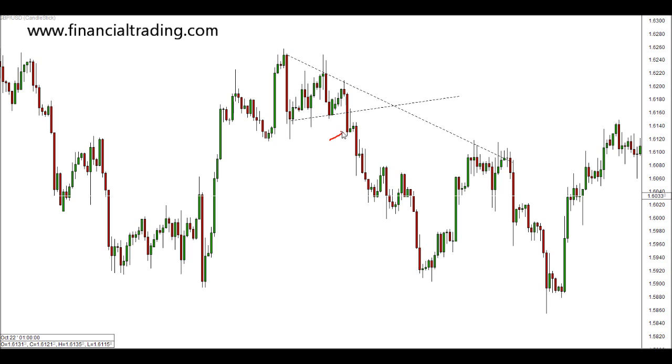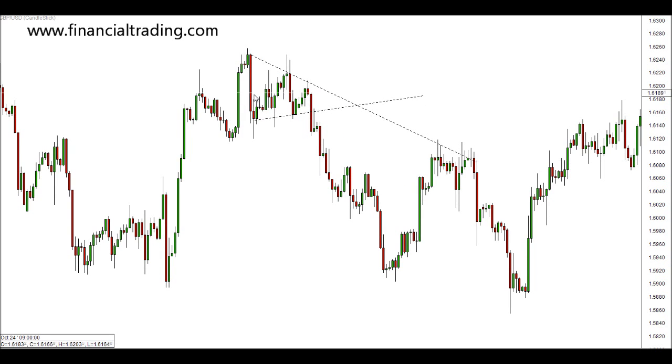This triangle is broken here, the support breaks, and then this support has now become resistance, is tested and is rejected, so it has become resistance, and price then goes on the downside.